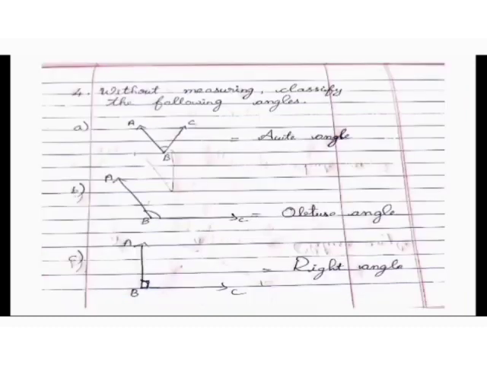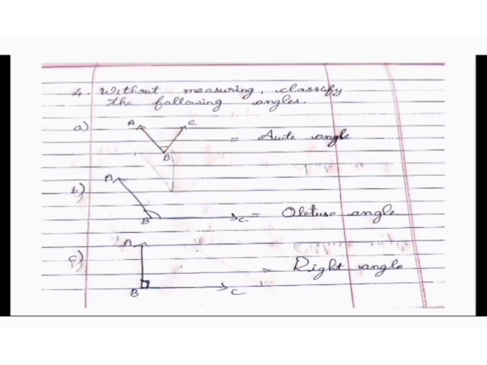And then look at the sum carefully, children. Without measuring, classify the following angles. Look at the angle. It is less than 90 degree. Just identify. Less than 90 degree means acute angle.